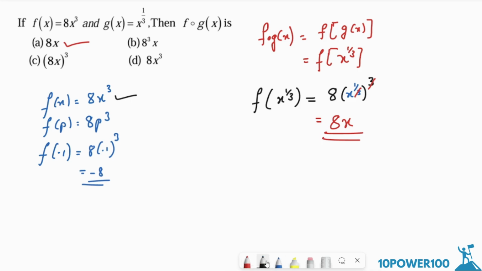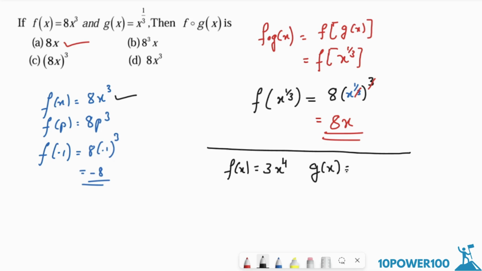Now I want you to focus on this. If f of x is equal to 3x power 4 and g of x is equal to the 4th root of x, then f of g of x is, okay, here I have made a small change.